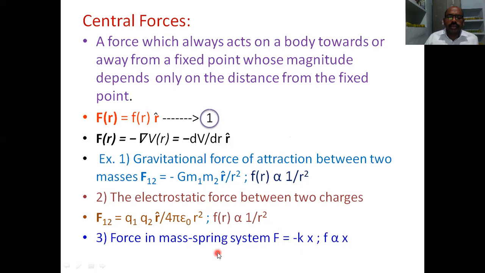If the spring is fixed to a rigid support, the force always acts towards the rigid support or away from the rigid support. In case of gravitational attraction in the solar system, the force is directed toward the sun.